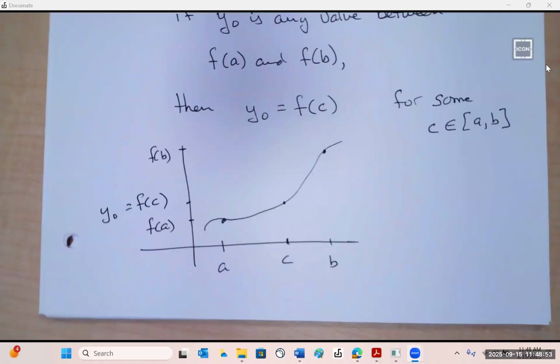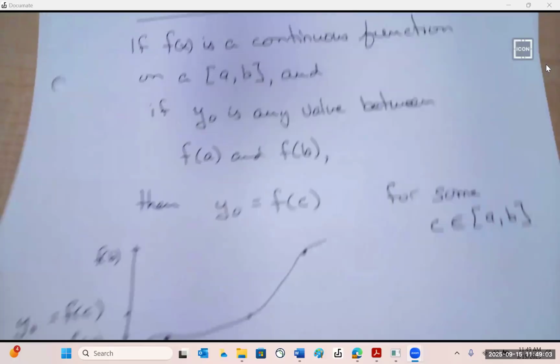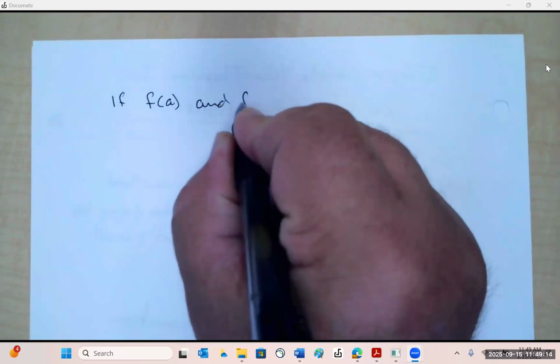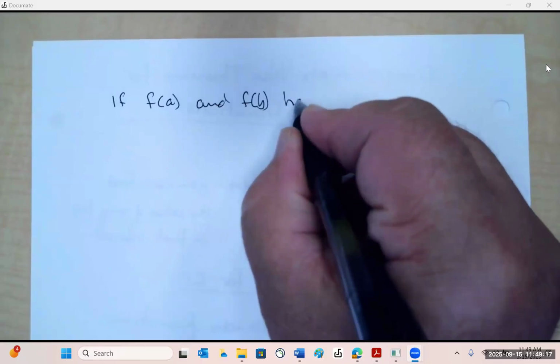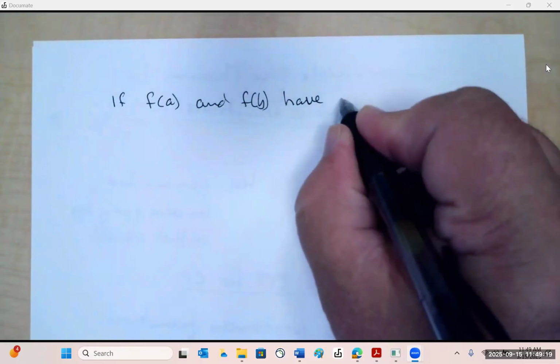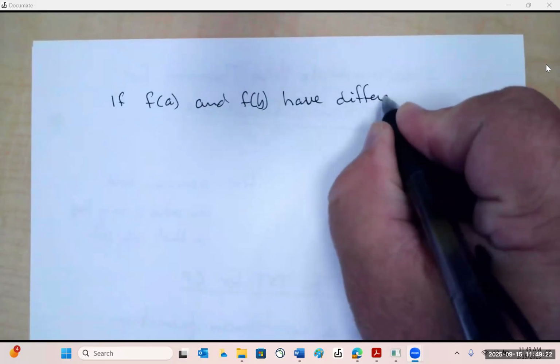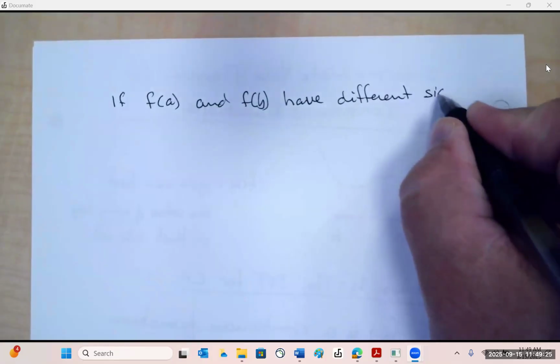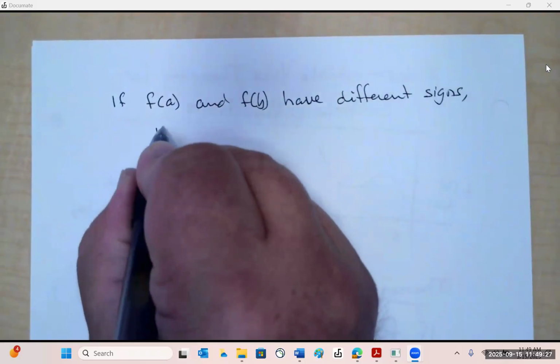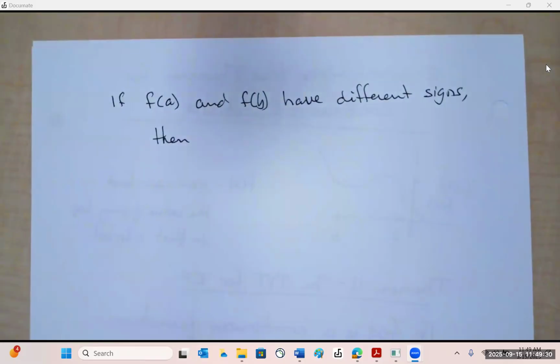What's a use for this? What do we use it for in algebra? In algebra, if f of a and f of b have different signs, then what can you tell me?